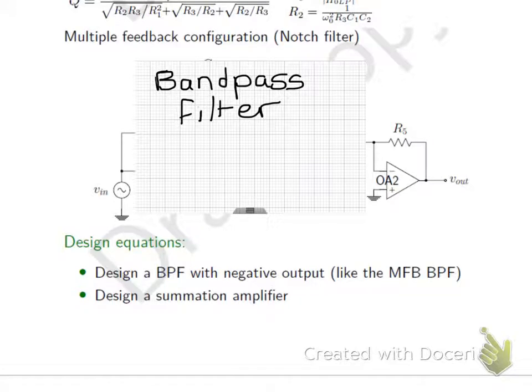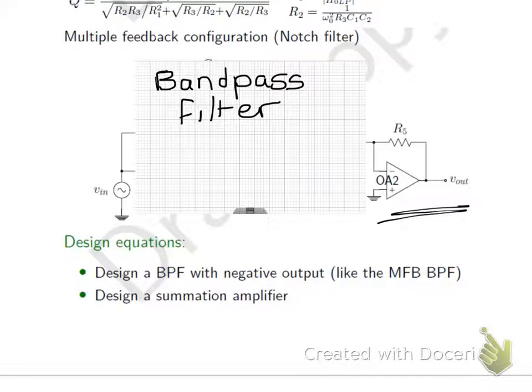So in your multiple choice questions, you may have seen something that looks similar to this, where they block out the bandpass filter and simply write a block that says bandpass filter, and then you've got your summing amplifier there. And then they ask you what topology this is.